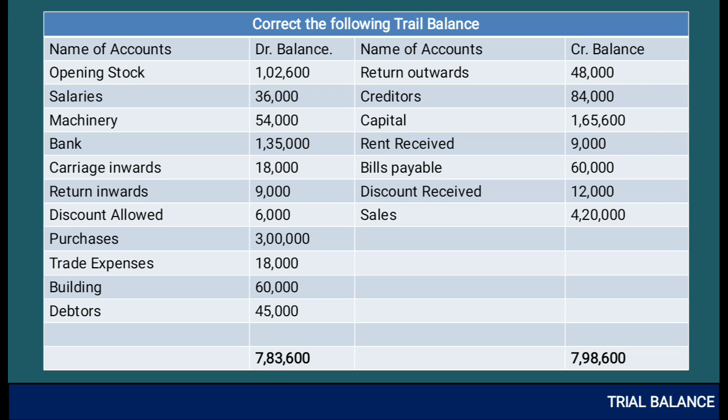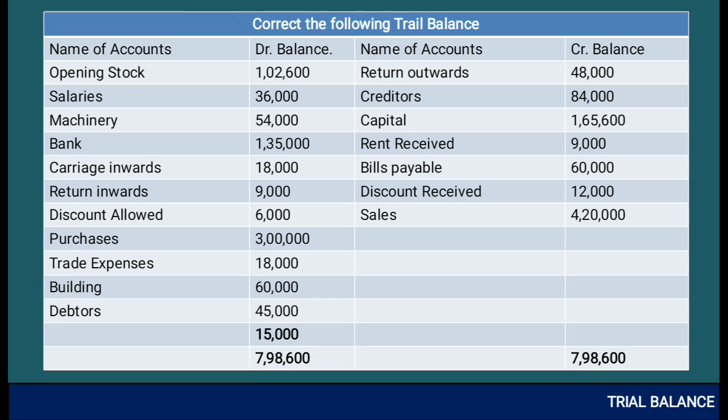7,83,600. So if any situation like this arises, in that case first you have to recheck your answer. Then if you are getting the same figure again, it means we have to write one more item at the debit side, just to make the debit side and credit side equal, that is of 7,98,600, because the total of credit side was 7,98,600, but the sum of debit side was less than that.